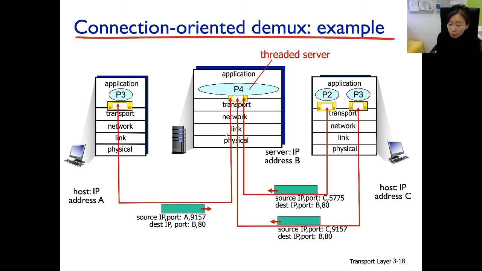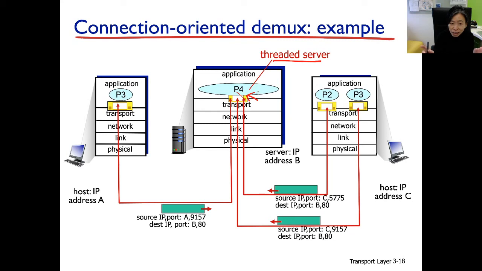Now, this connection-oriented demux socket is a little bit weird. And this actually happens quite often these days when we're doing this threaded server. Okay, so in your PA4, you are implementing a server, all right. What happens there is that you are starting a listening socket, isn't it? The listening socket is a little bit special because no matter where the client is, whatever the source IP is, the request coming in is going to be passed to that server socket, that listening socket, all right.